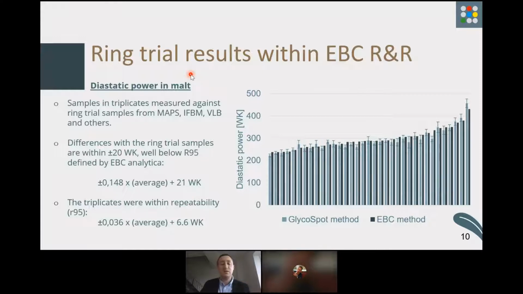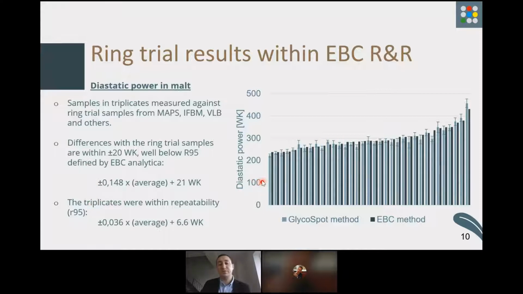What we can see is that in terms of reproducibility, we are less than 20 Windisch-Kolbach units away from the reference value, and 20 Windisch-Kolbach is well below the reproducibility criteria by EBC, which is defined by this formula.